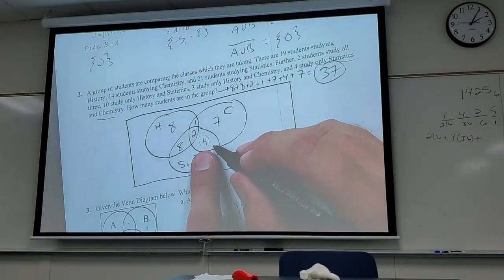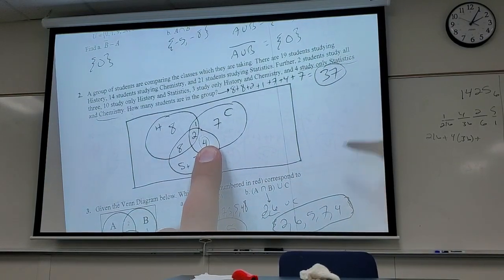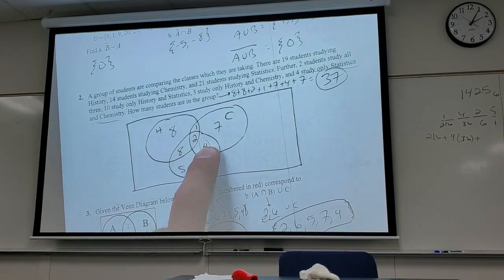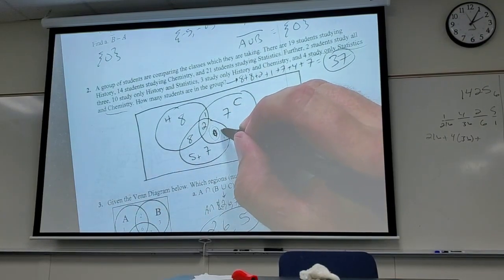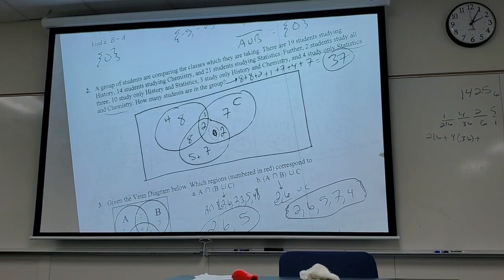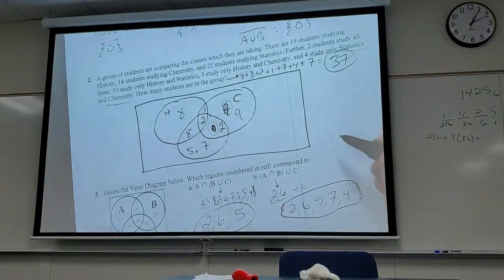I sort of did this part as if the only was still there, so I should have crossed the only out for myself. Let's change this and make this right. So this would be a 2, so that would change this to be a 9.